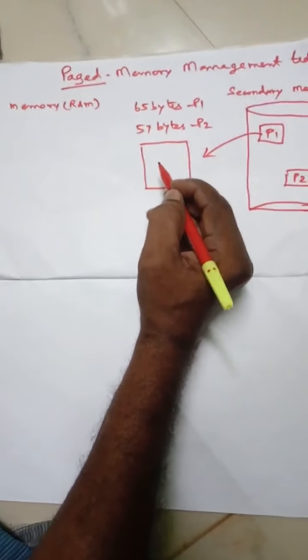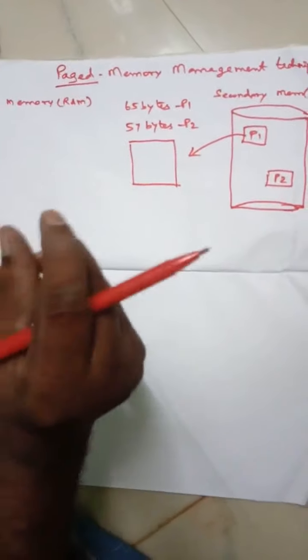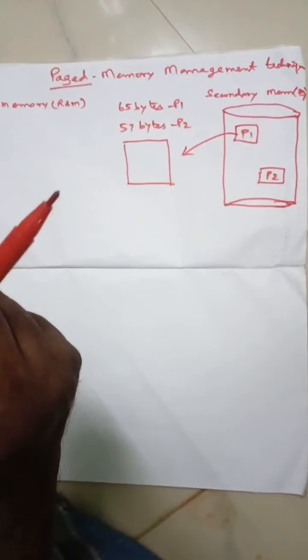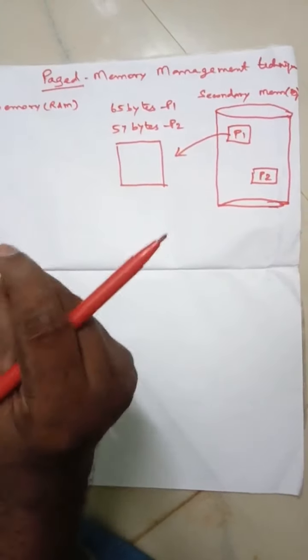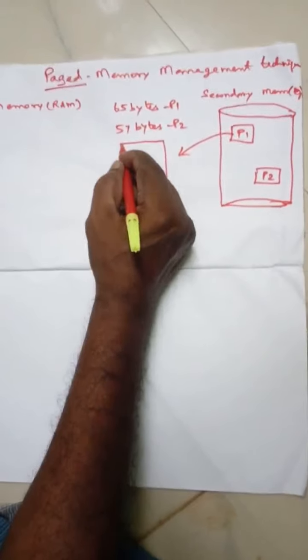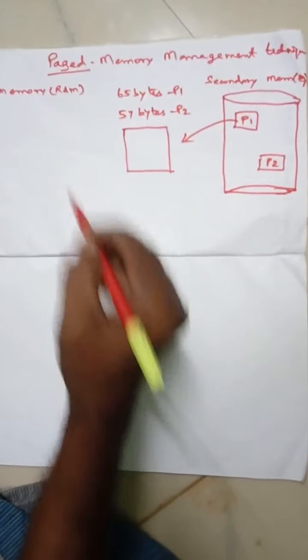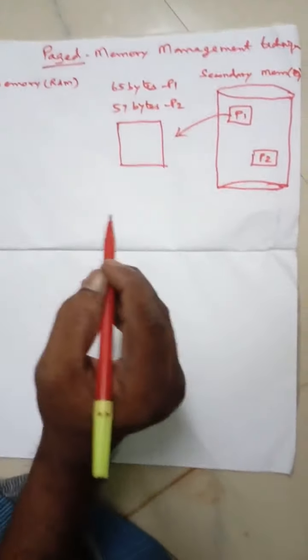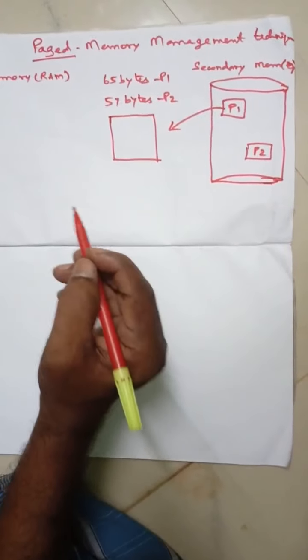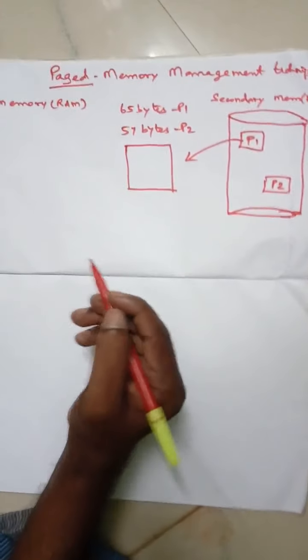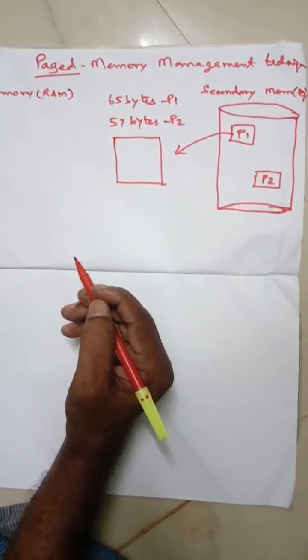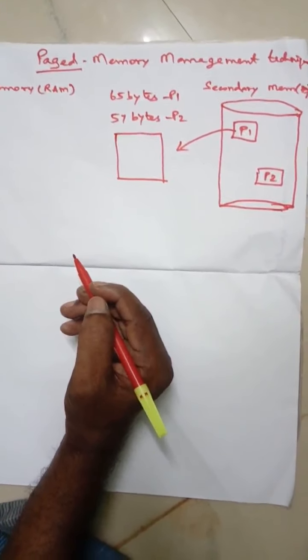For your understanding, a page is a partition of a program. Here all pages are of the same size. For your understanding, the size of the page is 10 bytes.